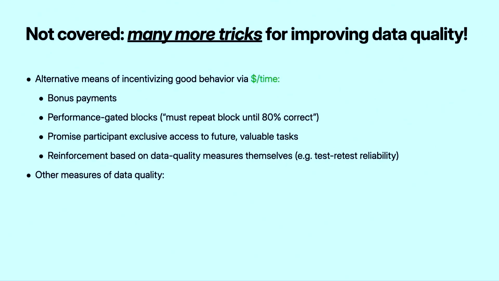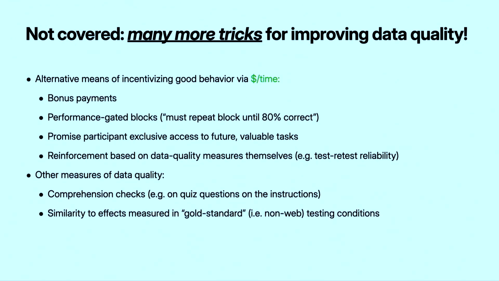And there's also other measures of data quality other than test-retest reliability and catch performance. One standard one is performing comprehension checks, where you basically quiz the person on their knowledge of the instructions. Another effective approach is to reproduce your task on a narrower set of subjects in sort of gold standard testing conditions in the lab, and just evaluate your web participant similarity to those in-lab subjects.